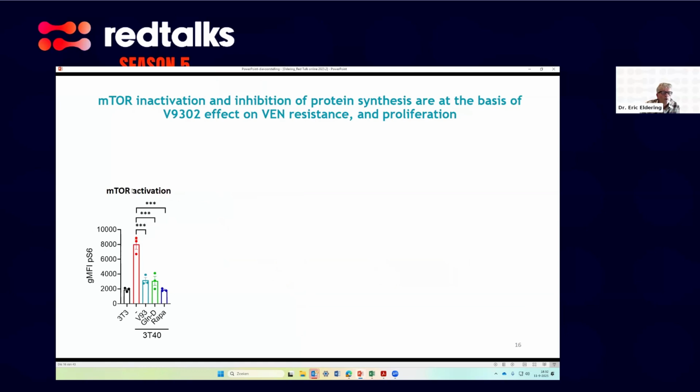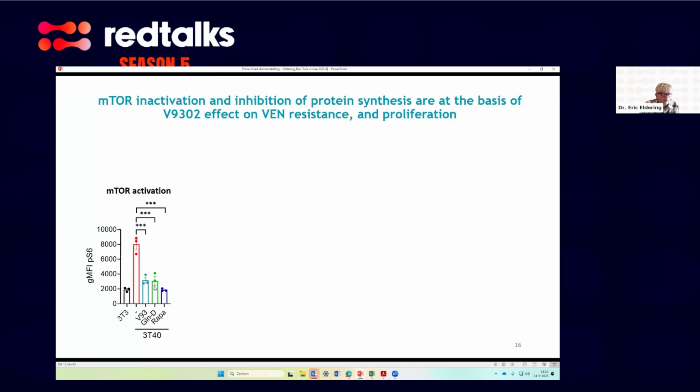And a readout for mTOR activation that is used in many groups and many laboratories is phospho-S6. So if we have the peripheral blood CLL cells stimulated by control cells, there's not a lot of phospho-S6 because mTOR is not very active in these peripheral blood CLL cells. If we stimulate them via CD40, activity goes up.